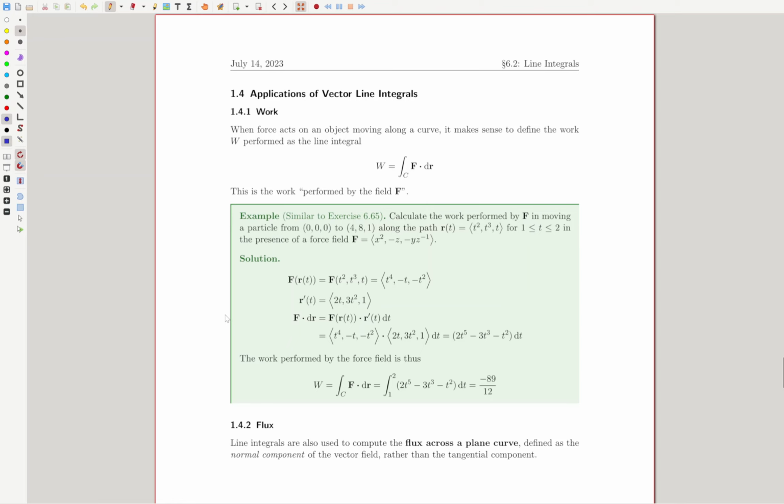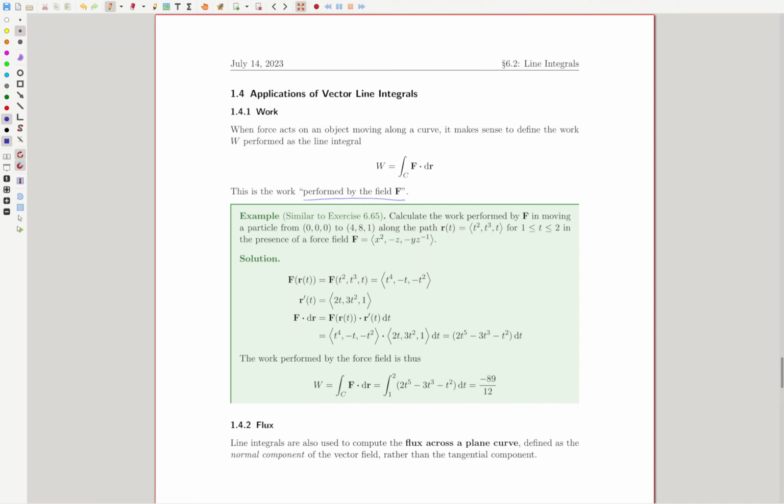Okay, now for applications. All right, so the first application is that the line integral measures the work performed by the vector field. Okay, so this line integral measures work. And then here's an example.